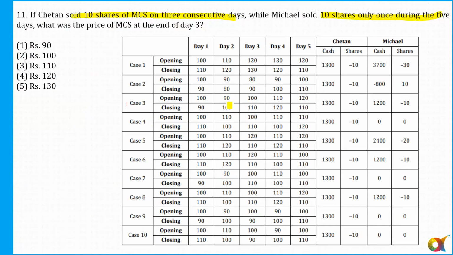It also says that Michael is selling only one day. So the condition from here we can identify: Michael is selling one day.